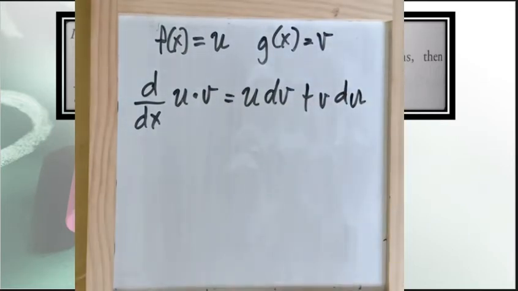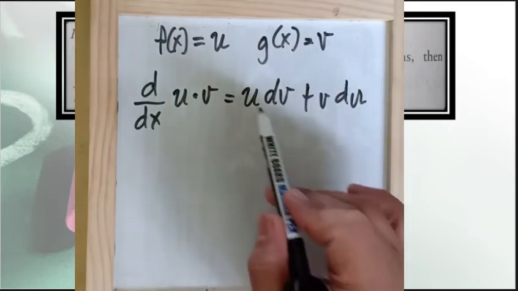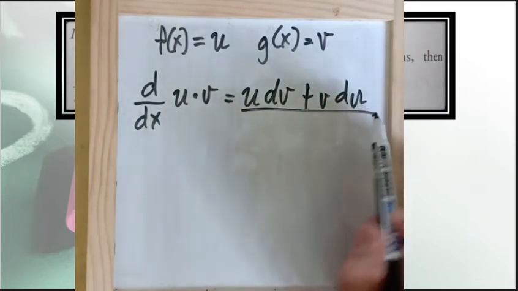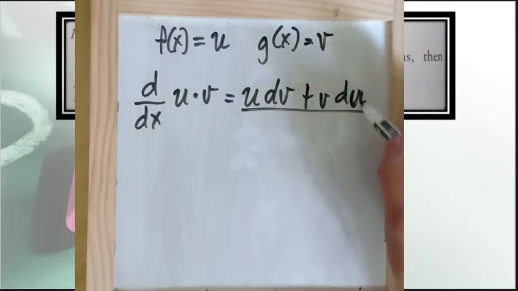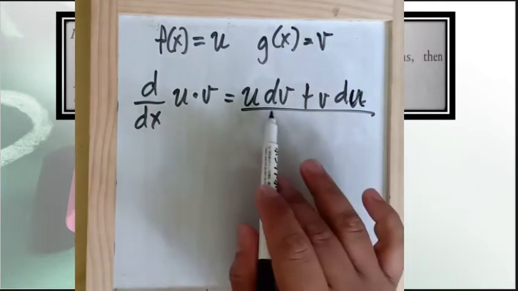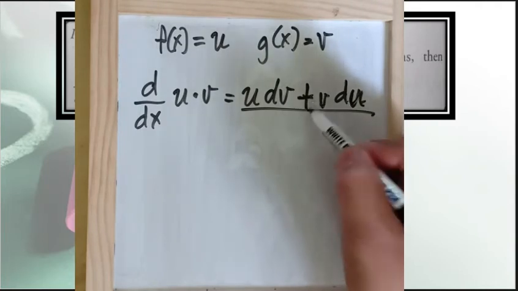So in getting the derivative of a product, just remember this notation: u dv plus v du. Let's repeat: u dv plus v du.